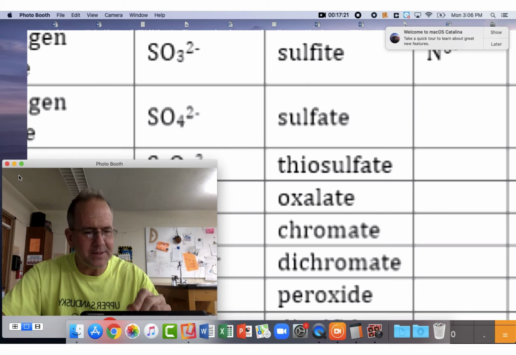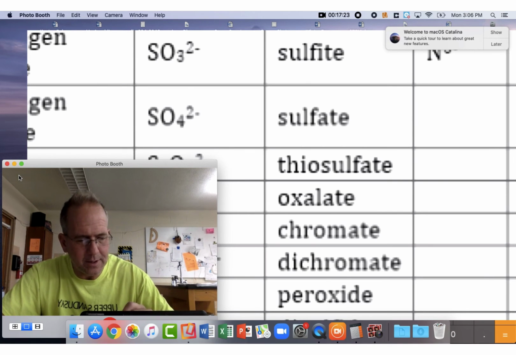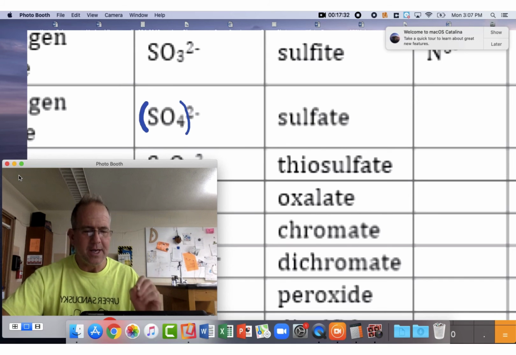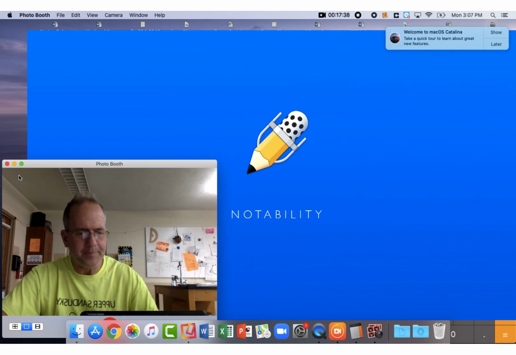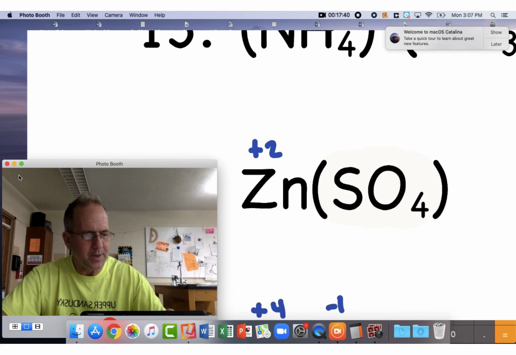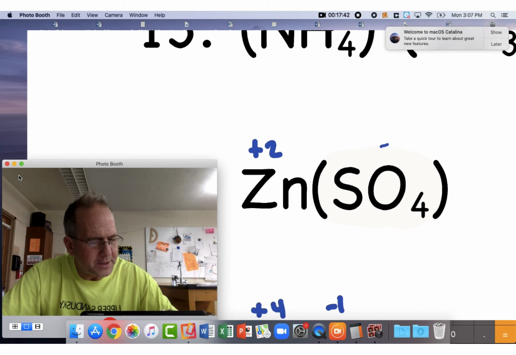They don't have these in parentheses. They should. I should have went through and did it. I don't know if I can do that with a PDF. But it's SO4. We're going to think of that as in parentheses. SO4 with a minus 2 charge.